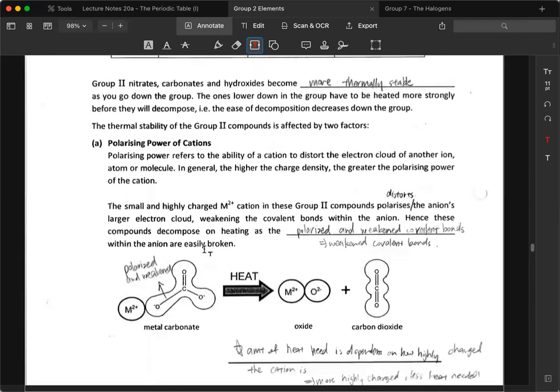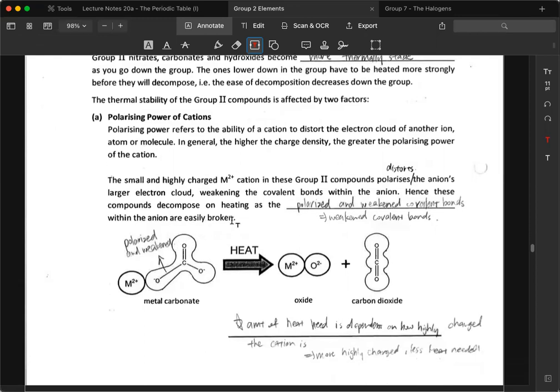So the small, highly charged M2+ cation in these group 2 compounds, that is at the top, the smaller size one, polarizes the anion's larger electron cloud, or distorts it, weakening the covalent bond within the anion. These compounds decompose on heating as the polarized and weakened covalent bond within the anions is more easily broken. So it weakens this bond, pulls this out to form this.